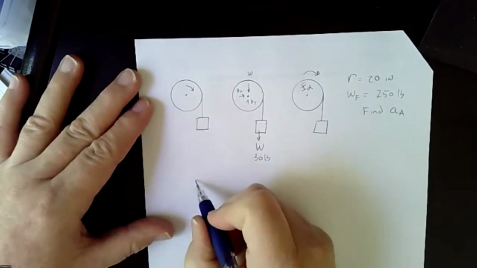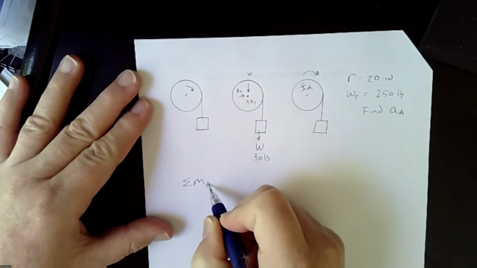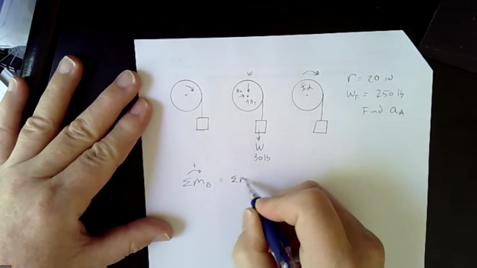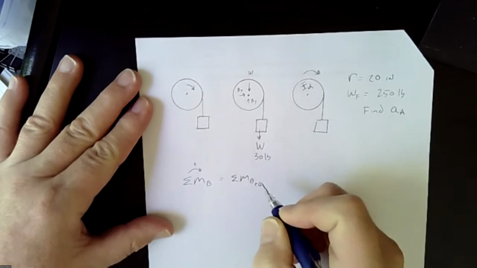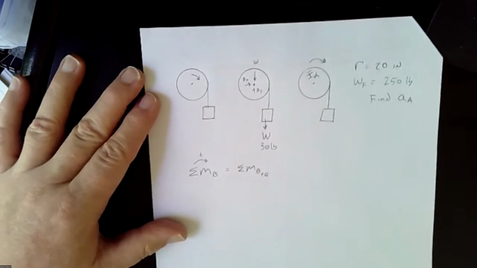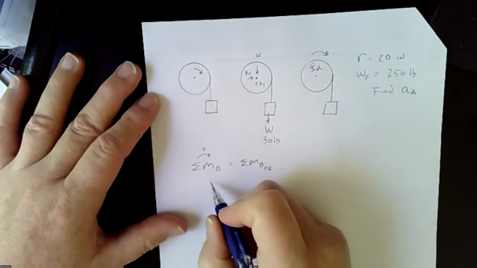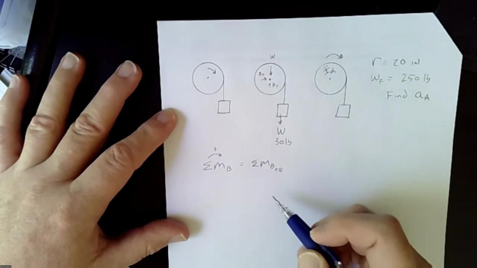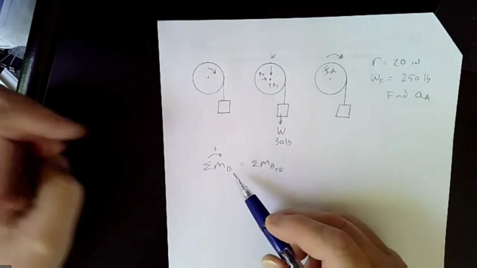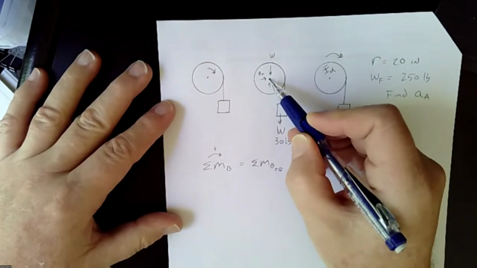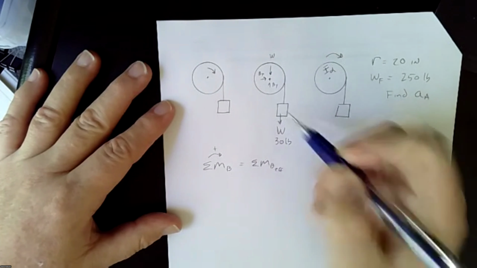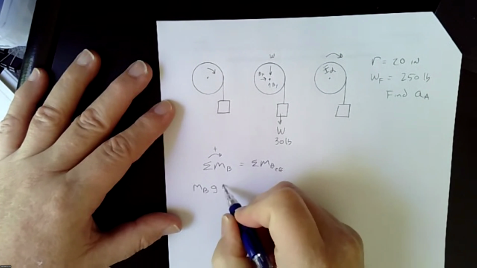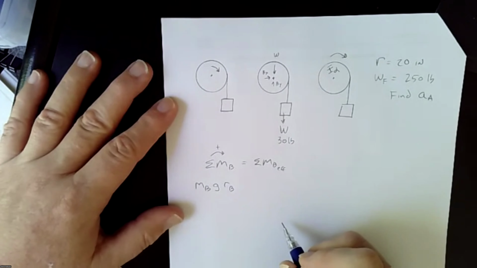So the way to think about it is we're going to sum the moments about B, and we're going to make clockwise positive, equals, again, the sum of the moments about B effective. And that's going to be equal to, well, first off, what moment about B is even created? So that's what you have to look at. Well, the only moment that's created about that center is the weight. So we have the mass of B times G times the radius of B. All right, that's it.